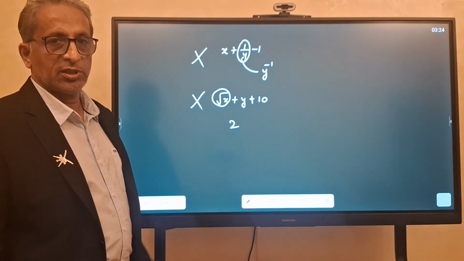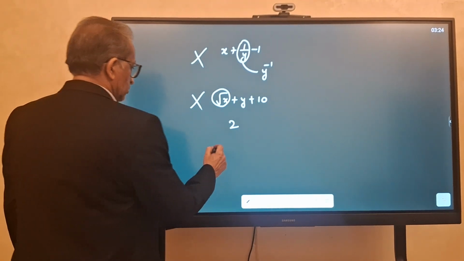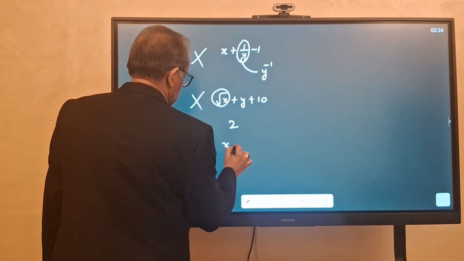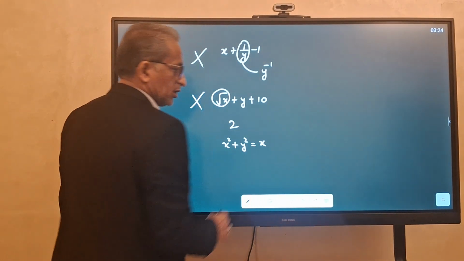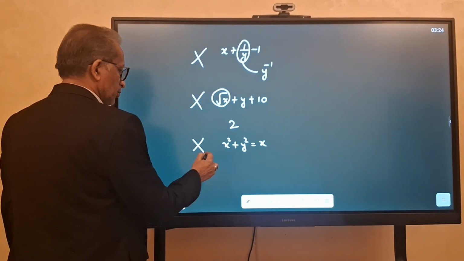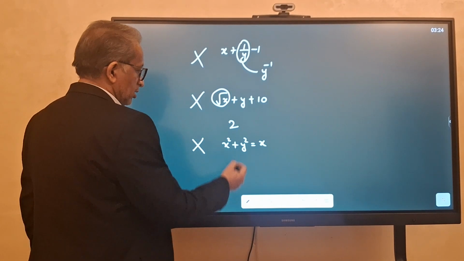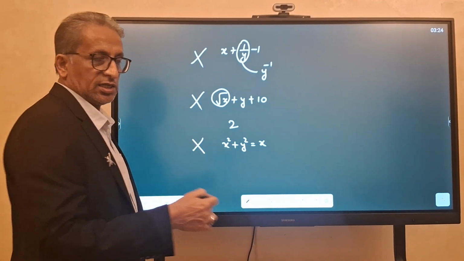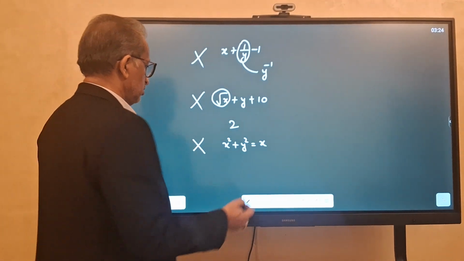Is it a polynomial? Yes, because it is a number. Is it a polynomial? No, because it has equality. So it is not a polynomial. When any expression has equality, it becomes an equation.